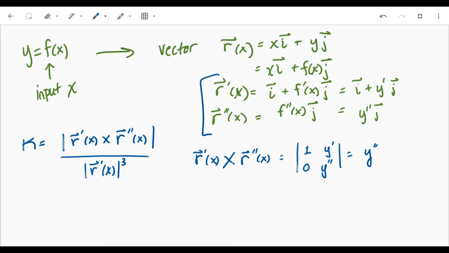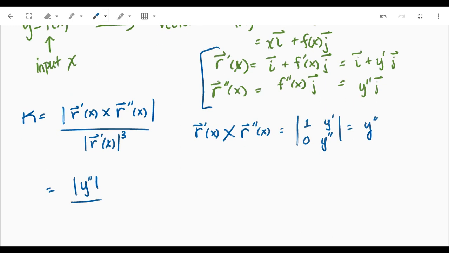So this would just be the magnitude of y double prime over the magnitude of r prime. Here's your r prime, 1 plus y prime. So 1 squared plus y prime squared, square rooted, and then cubed.